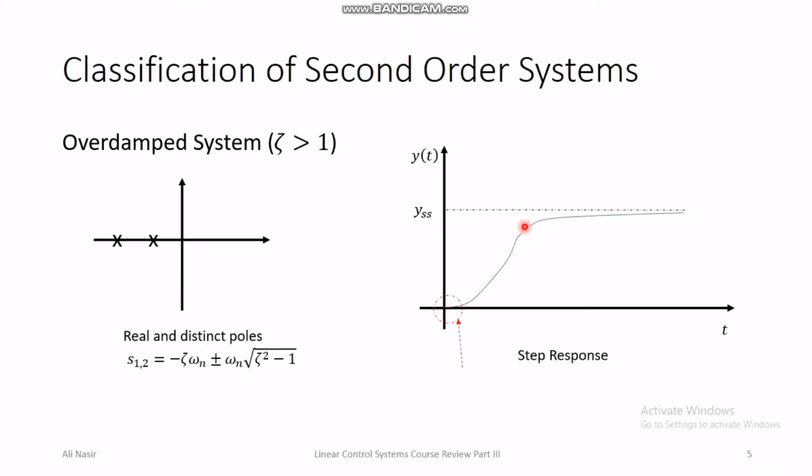If you go back to the previous slides, you will see that the first order system response has non-zero slope at the beginning, whereas the second order system has almost zero slope at the beginning. So if you are looking at two step responses with zero overshoot, and you are asked which belongs to the second order system and which to the first order system, you will be looking at the slope at the beginning of the response.